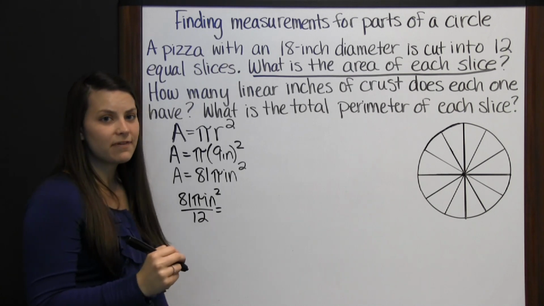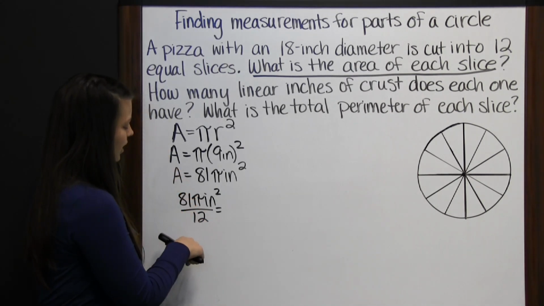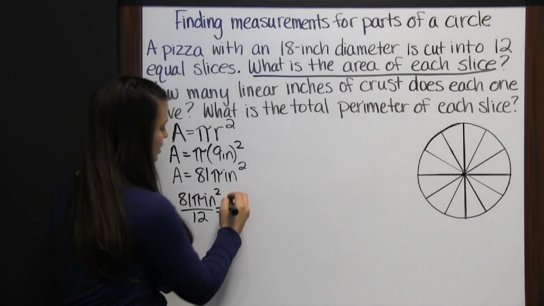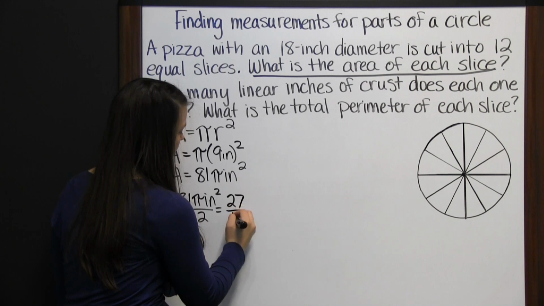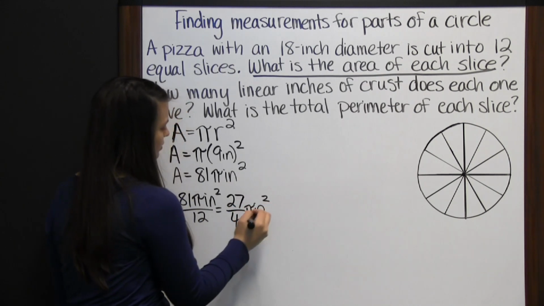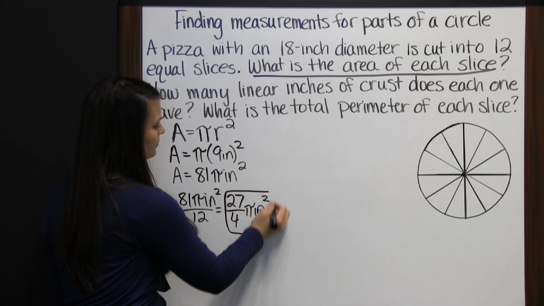And then we can simplify that. We can divide our numerator and our denominator both by 3, and we get 27 fourths pi inches squared. So that's the area of just one slice of pizza.